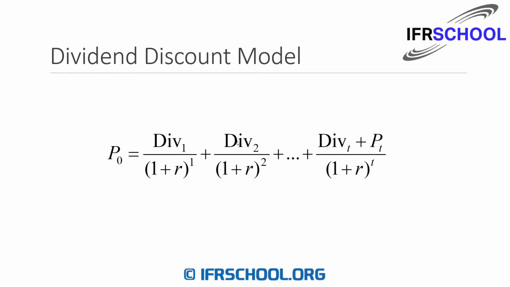We can make the process more efficient if the dividends are expected to grow at a constant rate year on year. In this case, we can use a perpetuity formula to quickly and easily calculate the value of that future stream of dividends.